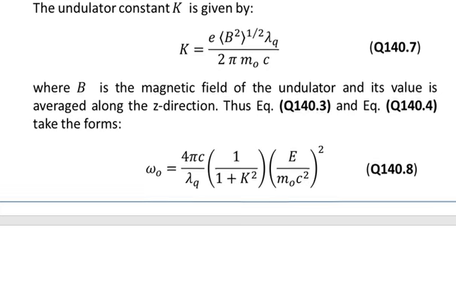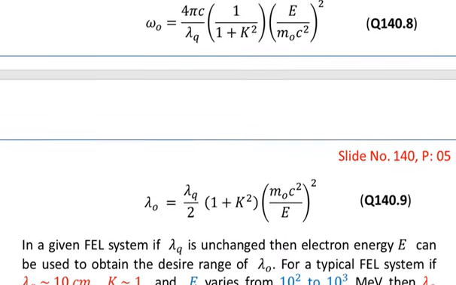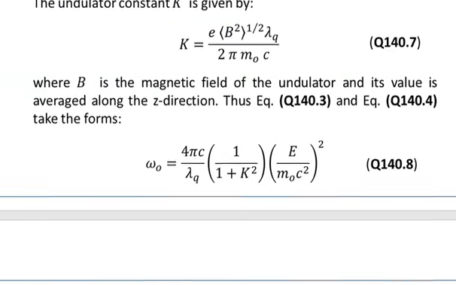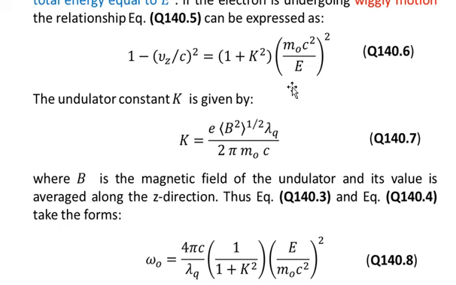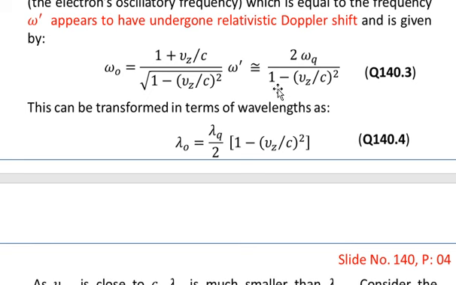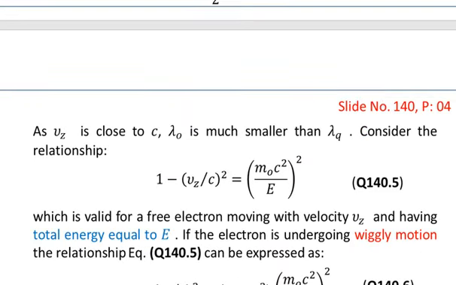And similarly, equation number 4 can be written as lambda naught is equal to lambda q over 2, and then 1 plus K square, and then the square of m naught c square divided by E. So what we have done is replace the factor 1 minus the square of Vz over c in equation number 3 and the same factor in equation number 4, using equation number 6.